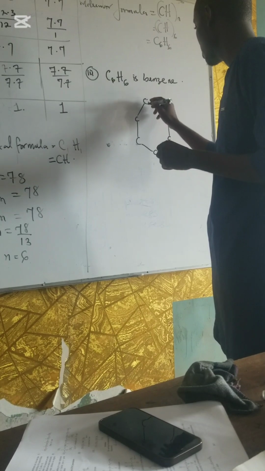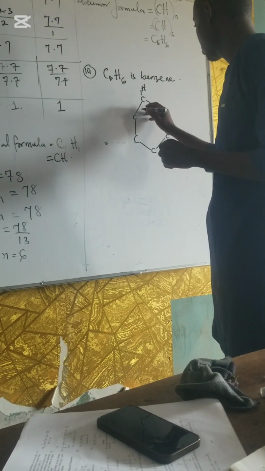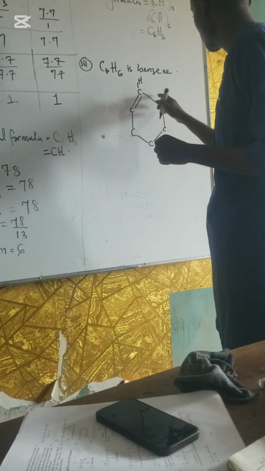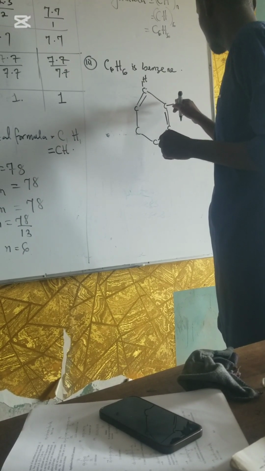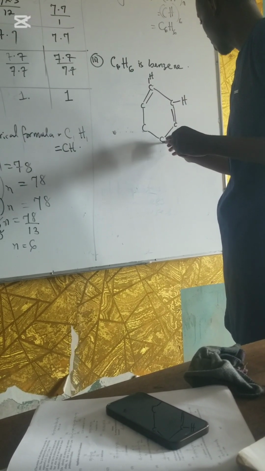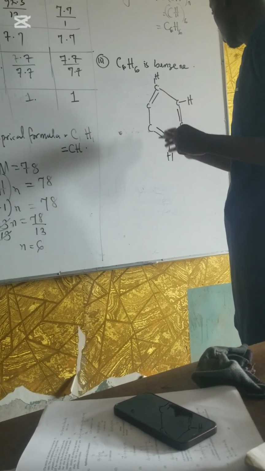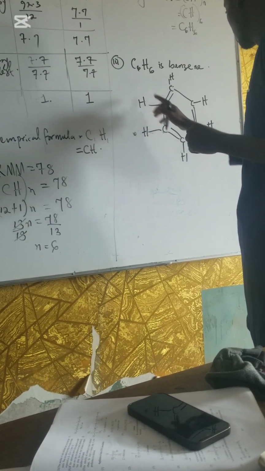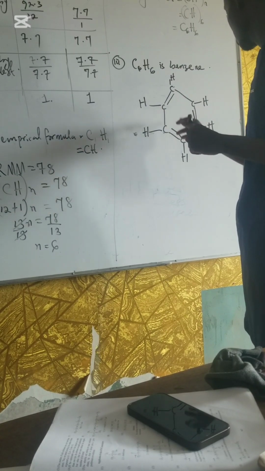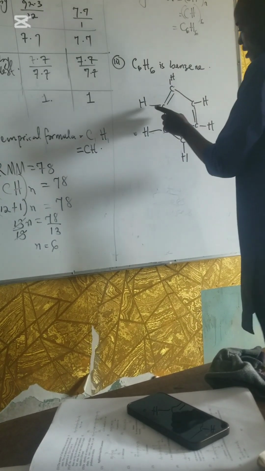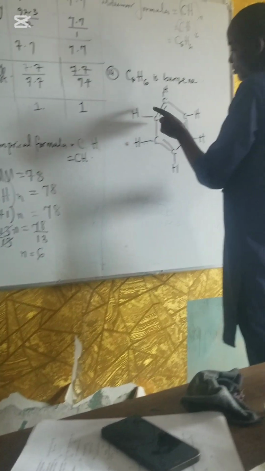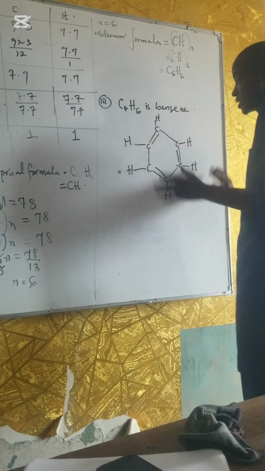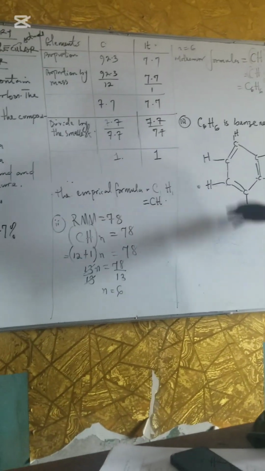So we have 6 hydrogen: 1, 2, 3, 4, 5, 6. So everything is balanced. So you can count, carbon is tetravalent, so we have 1, 2, 3, 4 for each carbon. So this is the structure of the compound.